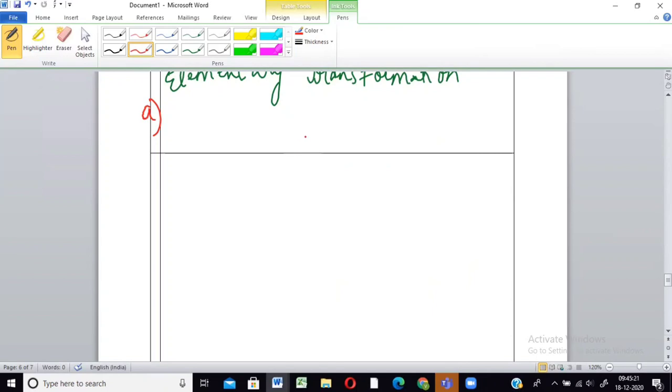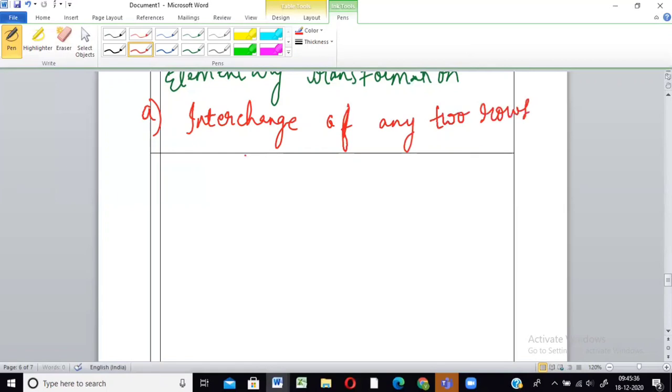So it can be done either on rows or on columns. The first one is interchange of any two rows or any two columns.